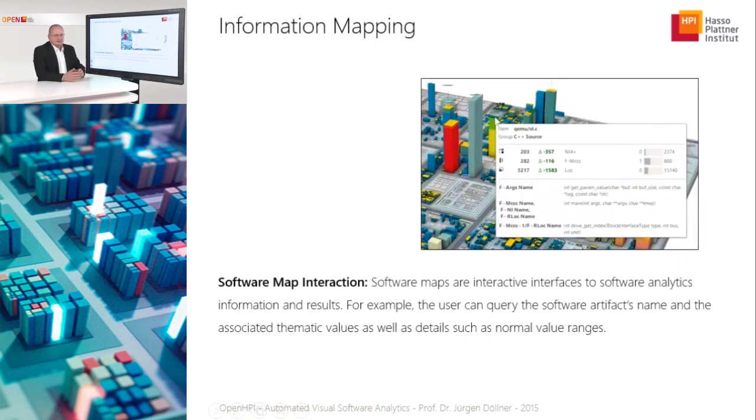Information mapping also relies on interactive elements. The interaction with software maps is essential for the quality of this visual analytics tool. For example, we can inquire more information once we click on specific cuboids, and in this case we get the concrete measured values as well as the difference, the progress, the trends behind them, by comparing the current version of the software system with the previous version.